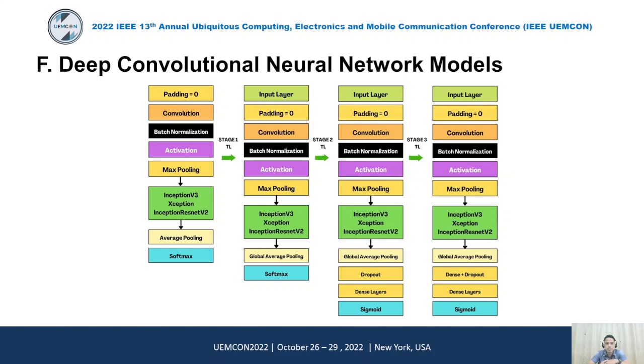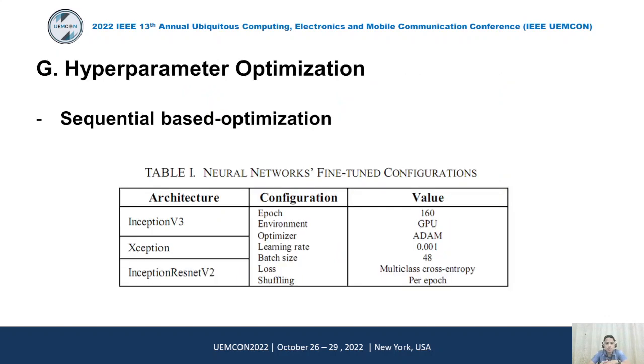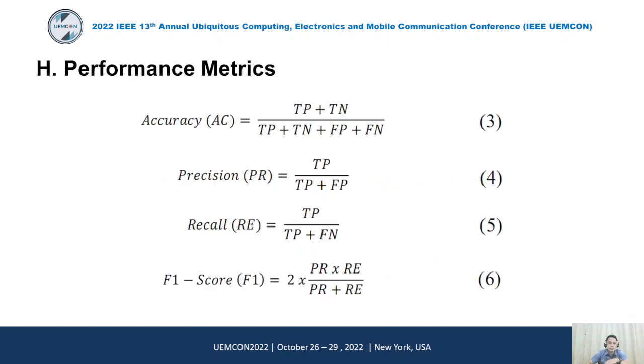Here are the block diagrams for each convolution per stage. More on this if you read the paper. For hyperparameter optimization, we use sequential-based optimization. Based on our hyperparameter optimization, these are the fine-tuned configurations from epochs to shuffling mode to the optimizers and batch sizes.